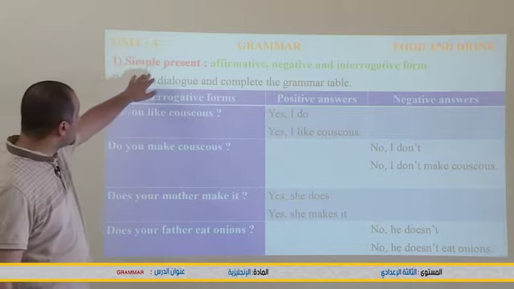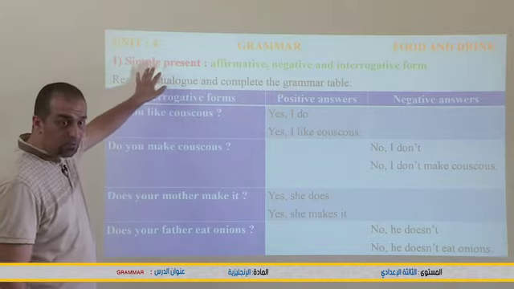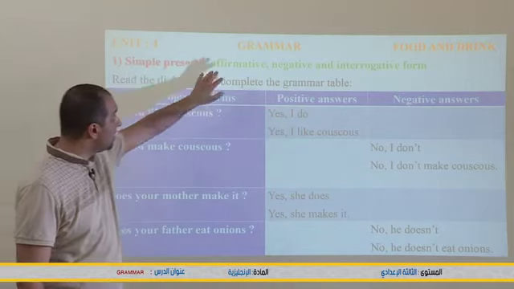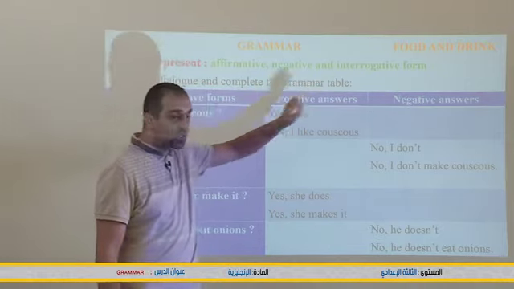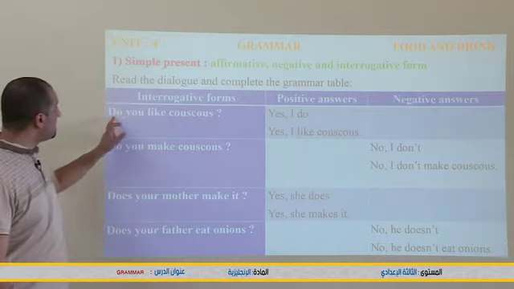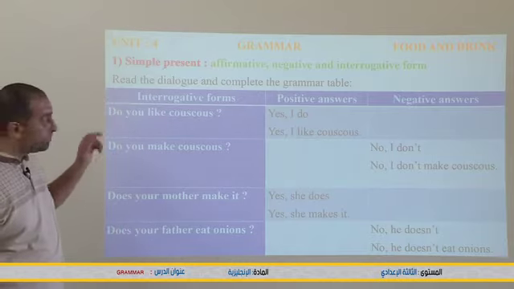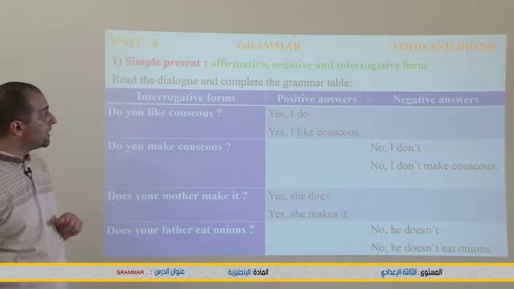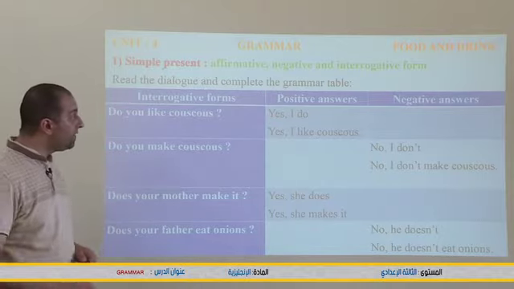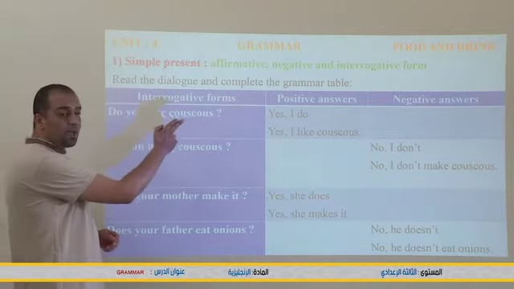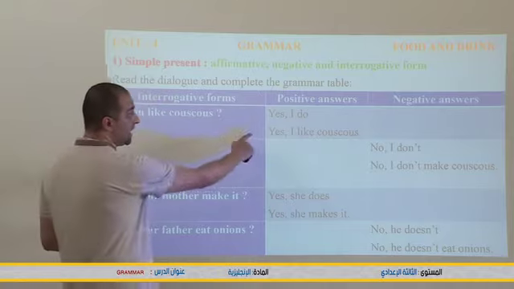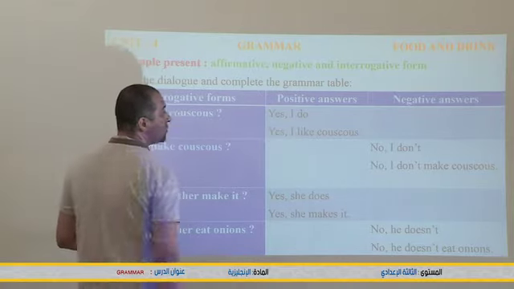So as I told you, here you have the simple present. We are studying the simple present, affirmative, negative, and interrogative form. So this is the example which is given to you. Do you like couscous? And in the dialogue, we have an affirmative answer or positive answer, which is yes, I like couscous.